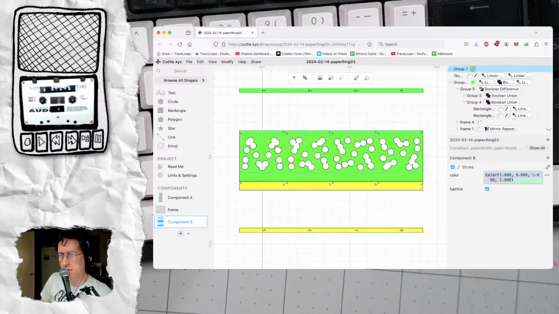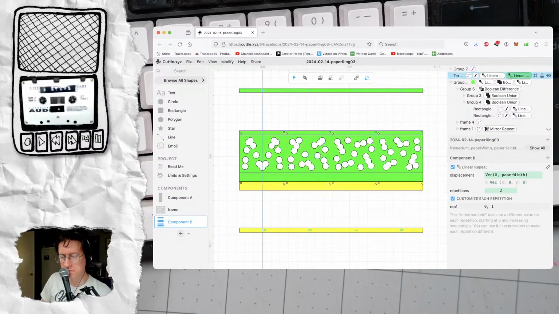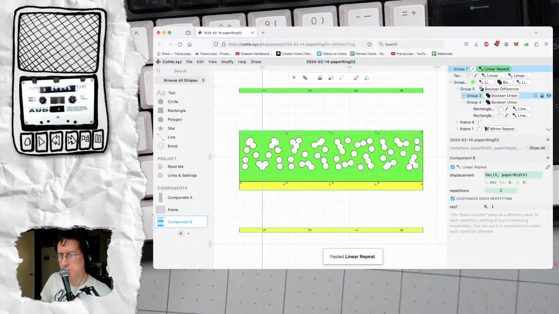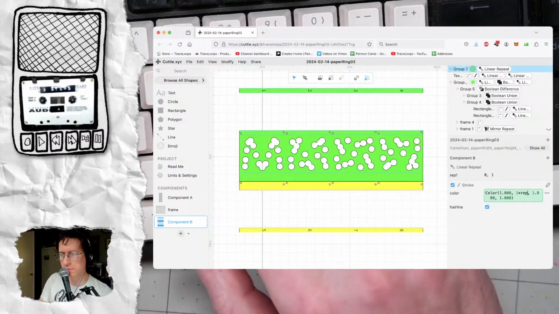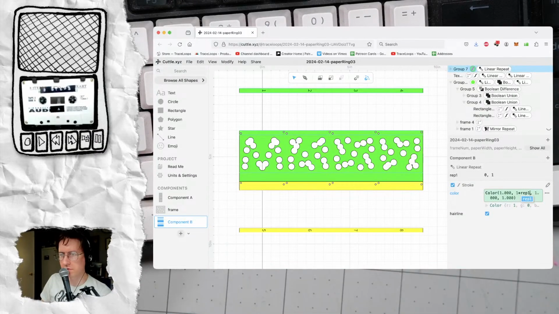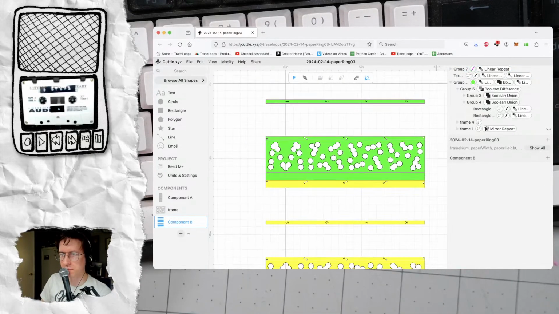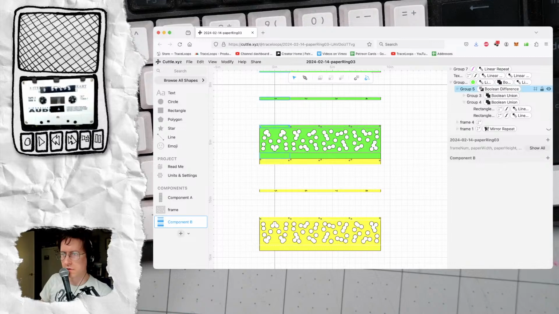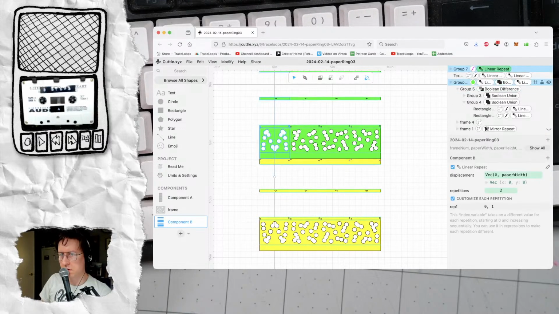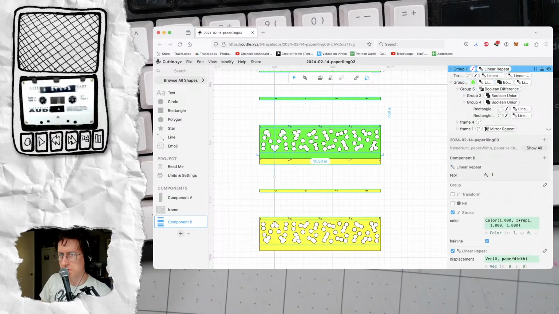Edit expression. This color is going to be that. Edit expression, 1 times rep 1, which I guess could just be rep 1. So this isn't landing in the right spot.